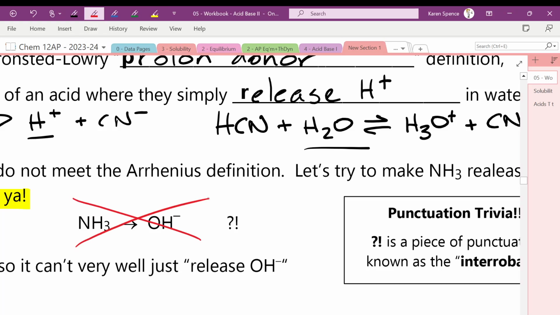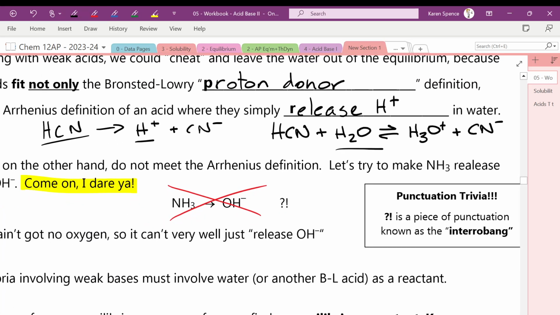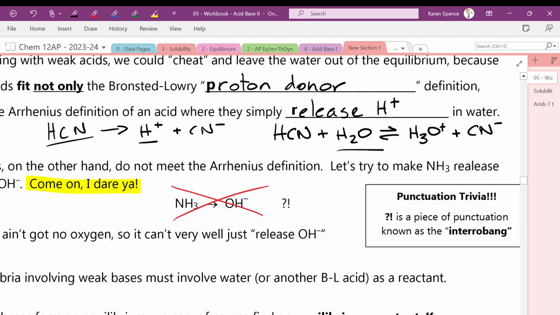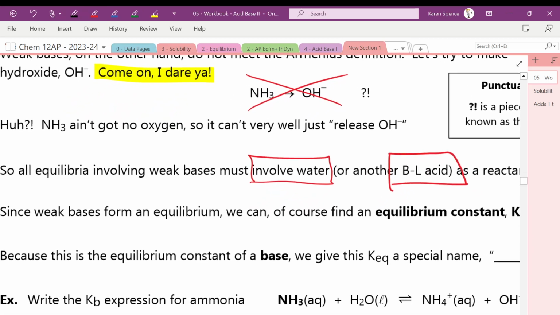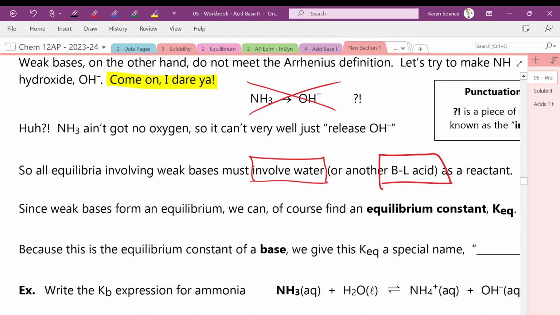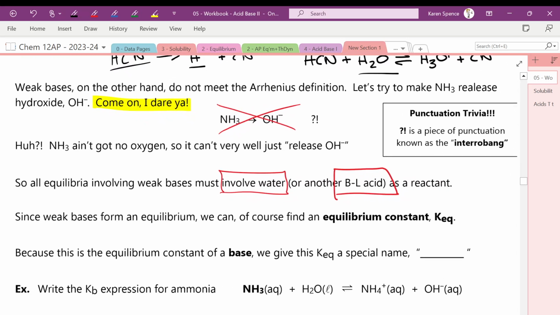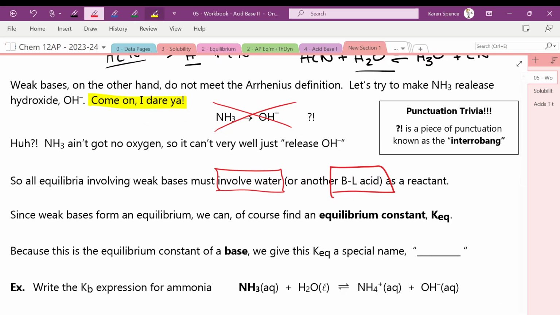You cannot make it just release a hydroxide. So weak bases have to have water or another Bronsted-Lowry acid. Weak bases form an equilibrium. So guess what we can write?